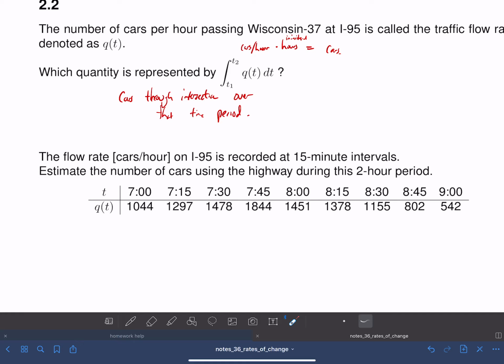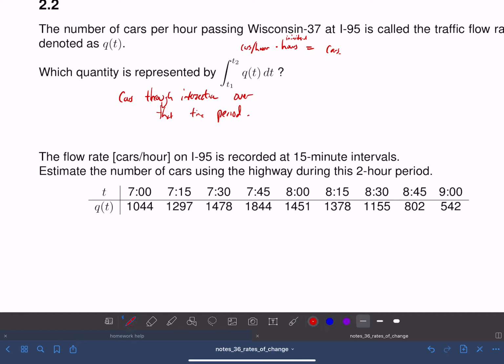estimate it. Now, the flow rate isn't 1,044 for this whole 15-minute period. It's not 1,297 for this whole 15-minute period, right? It's varying through that period, but we're only measuring every 15 minutes.